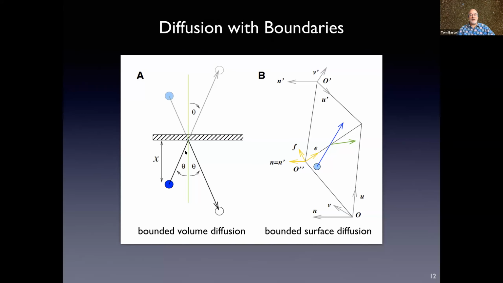And what we do is calculate the angle of incidence and make an angle of reflection that's equal to that angle of incidence, and then preserve the path length of the particle. So the total path length of the particle that it would have taken if the surface weren't there is preserved. All we've done is bent it by a process called specular reflection, meaning a mirror-like reflection.